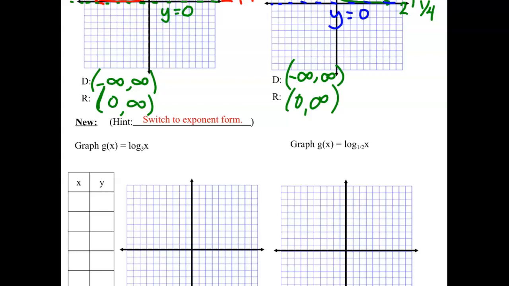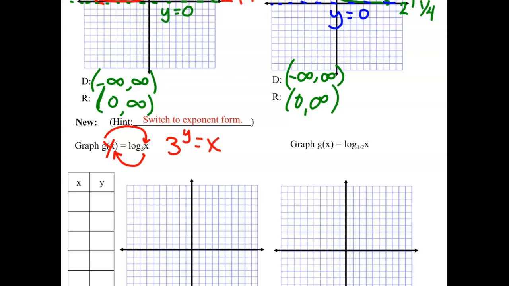So if I'm asking you to graph g of x equals log base 3 of x, g of x is like our y, right? So y equals log base 3 of x. What would that be in its exponential form? How do we rewrite that exponentially? We start with our base, 3 to the y should get us back to x. All right.